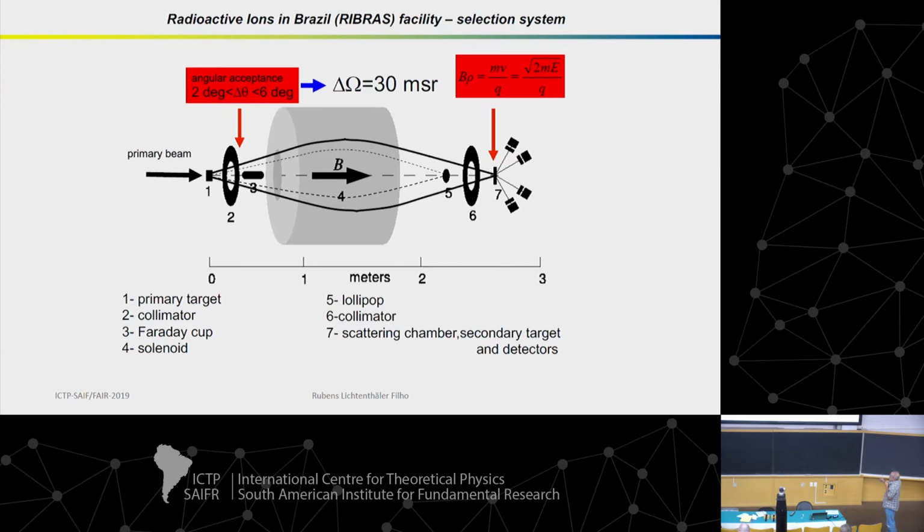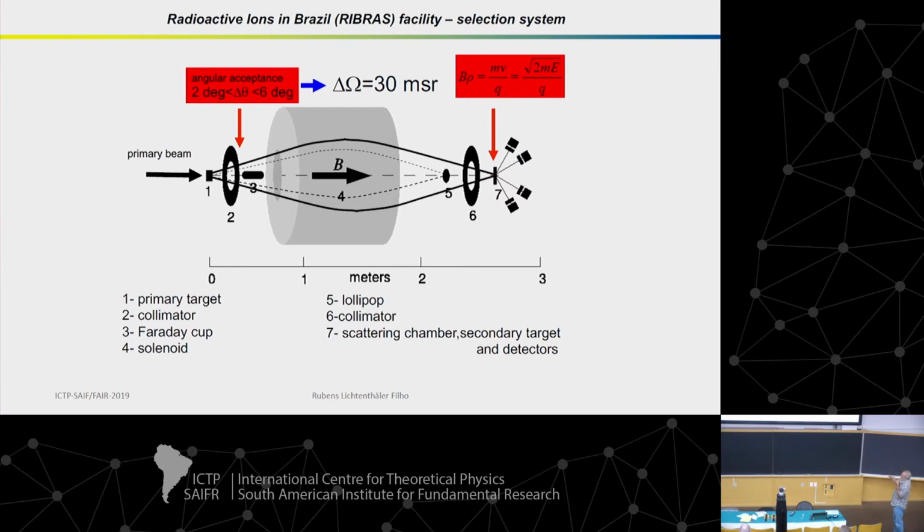The selection is a B-rho selection. It's a magnetic rigidity selection. So here you can see every important component of this system. One is the primary target. 3 is a Faraday cup to suppress the primary beam.